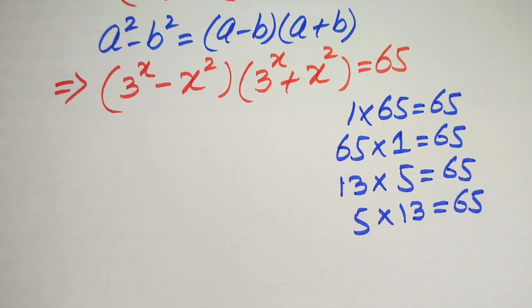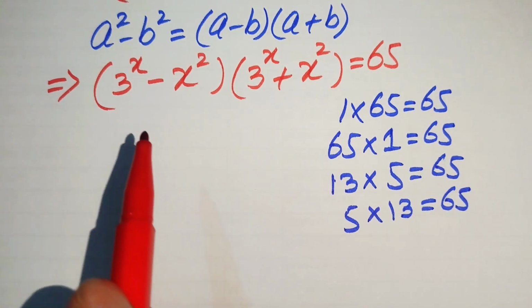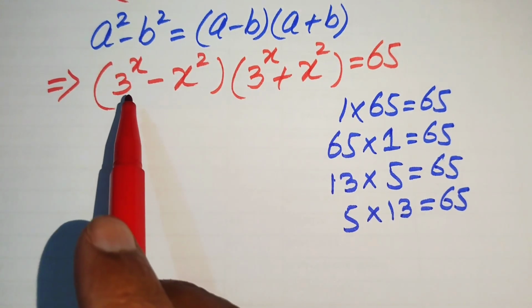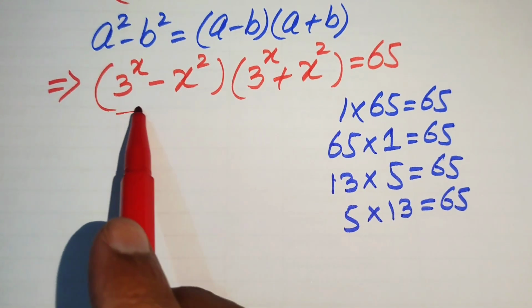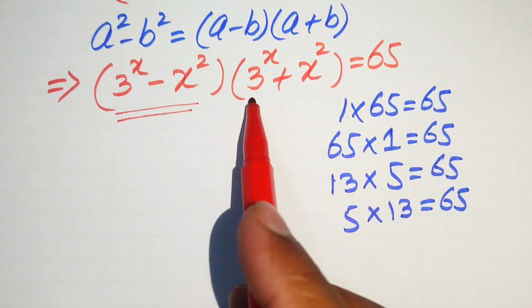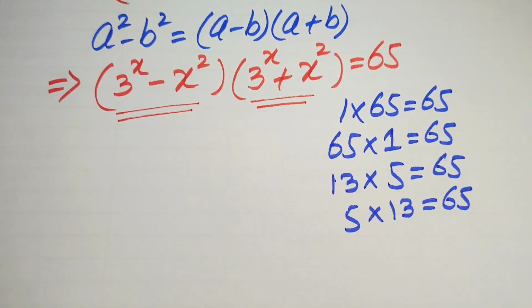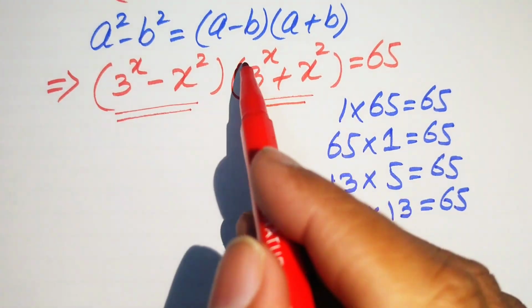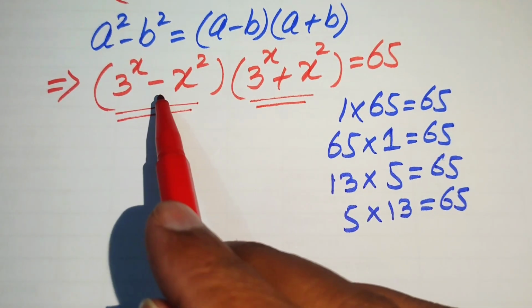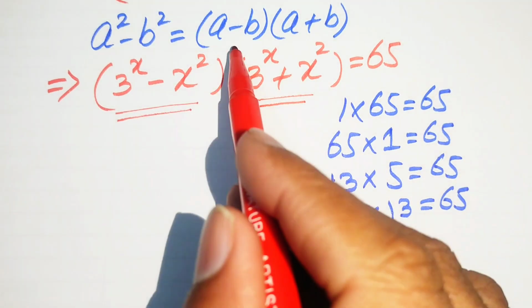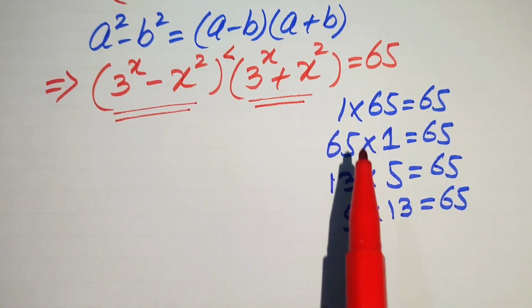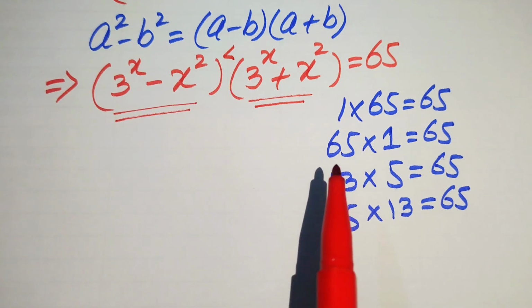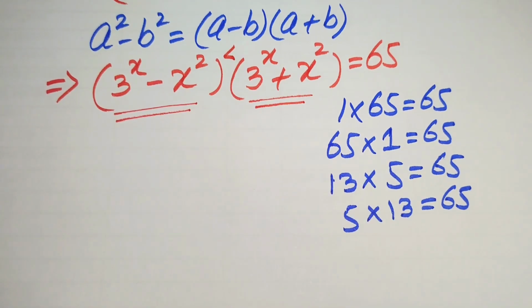Now if you focus on the left hand side, you see that for any value of x, the first factor is always less than the second factor. It means we choose those pairs of numbers in which the first number is less than the second number.